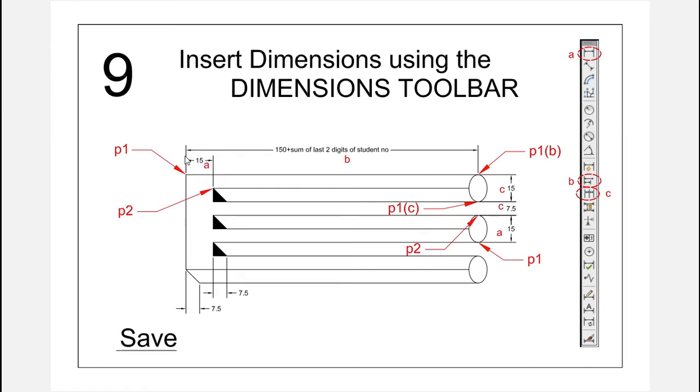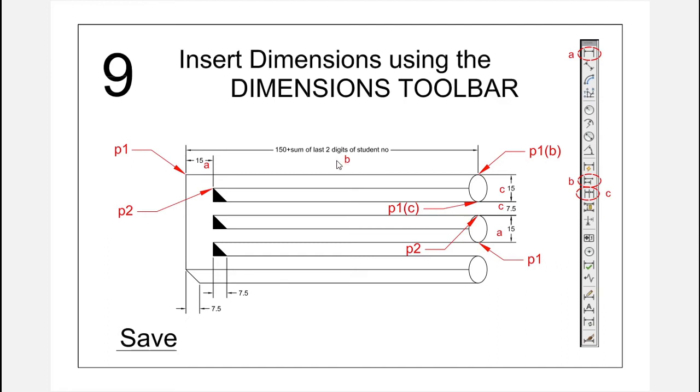This would appear. Now, to put this, we need to click on this one. This is dim baseline. If this was your last dimension that you inserted, it would automatically select this. Then you just have to click this so that it will automatically be displayed like this.